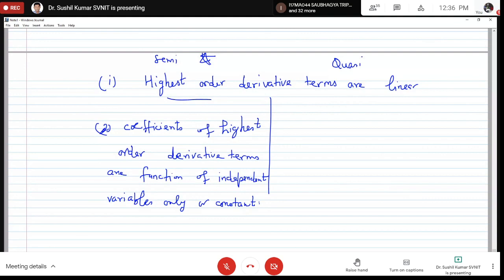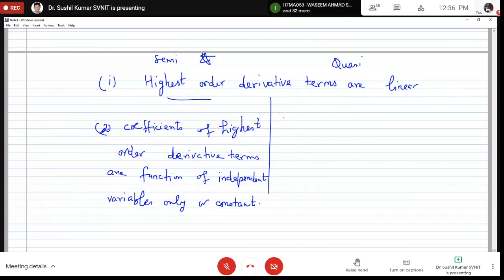Okay, we'll check only the highest order derivative part of the differential equation. So first condition, highest order derivative terms must be linear, and in case of semi-linear, coefficients of highest order derivative terms must be functions of independent variables only or constant. Only means we cannot have the dependent variable here.